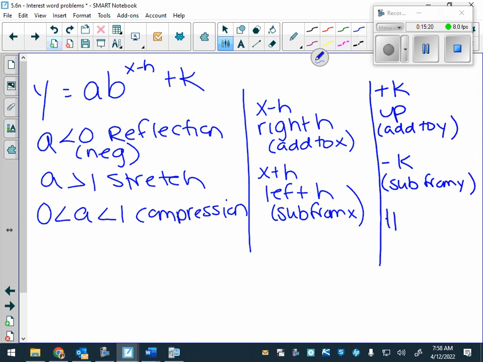And this is also your horizontal asymptote. Okay? The plus k, you add to y, minus k, you subtract from y, and that is your horizontal asymptote. Okay? X minus h, remember it's the opposite of what you see. X minus h to the right, x plus h to the left. It's been the same since September. Yep.